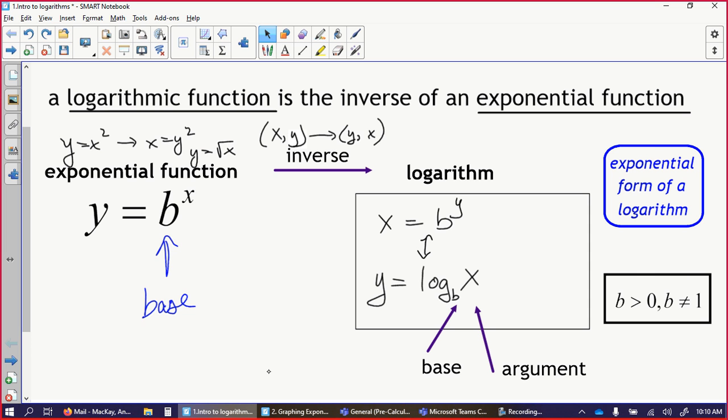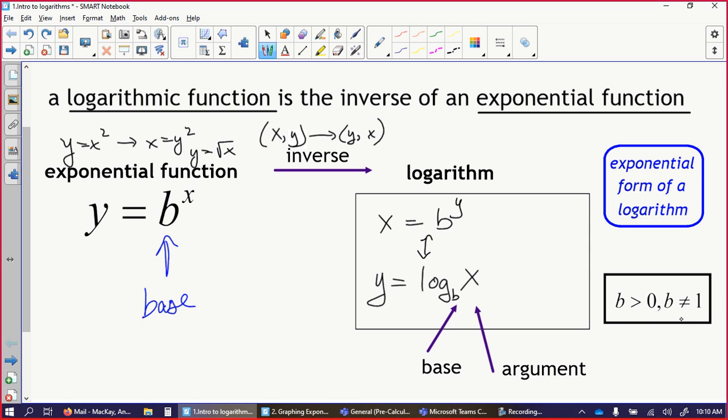So we have two stipulations. B has to be bigger than 0, because we don't have negative bases. B can't equal 1, because if the base is 1, what's 1 to any power? 1.